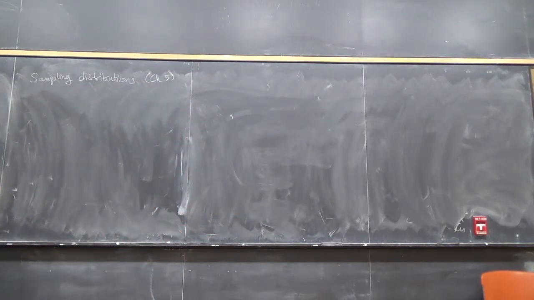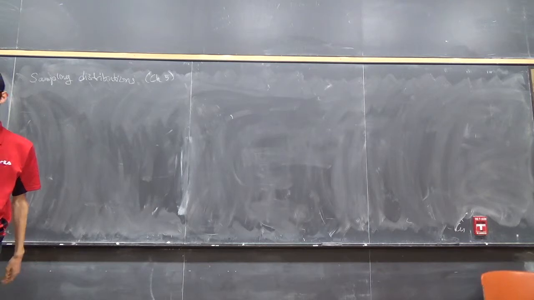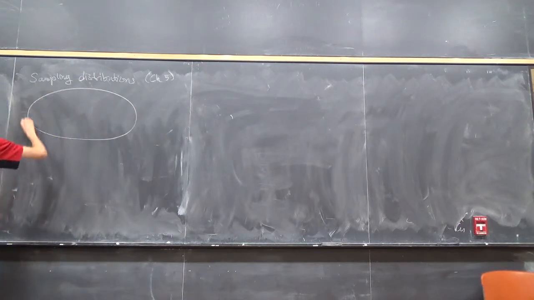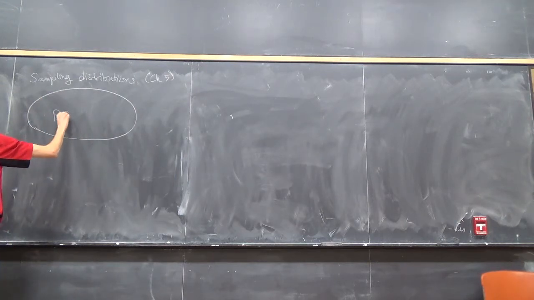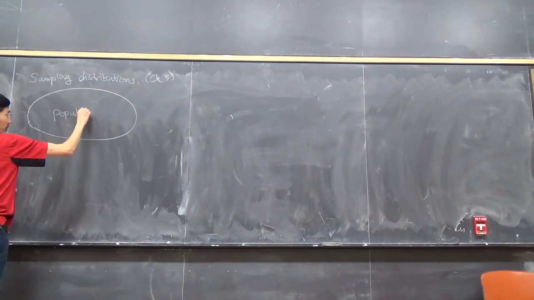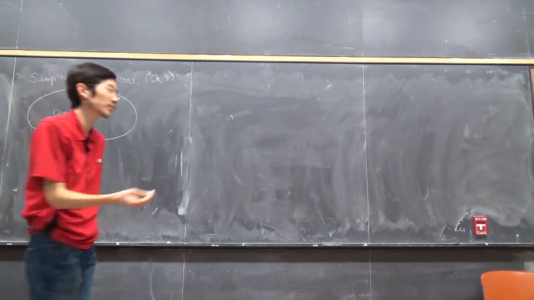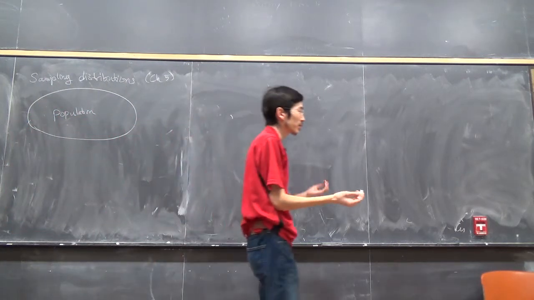So I think the very first week of class, I said we study statistics because it allows us to make conclusions from limited data. And I said we have this thing called a population, which is too large for us to study or observe directly.